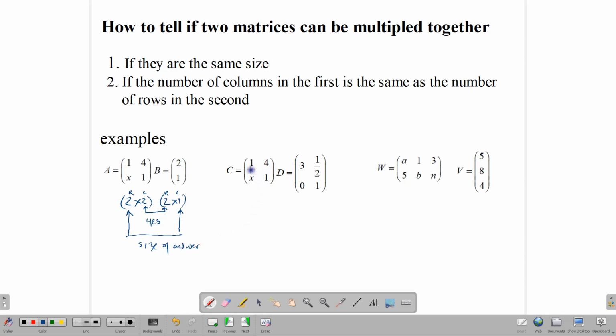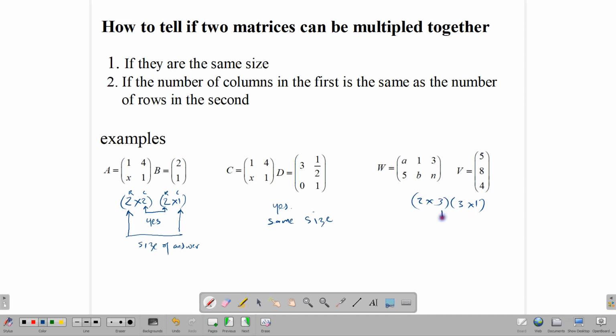Here we have a 2 by 2 matrix, 2 rows, 2 columns. Here we also have a 2 by 2 matrix, 2 rows and 2 columns. So yes, these two can be multiplied together because they are the same size. Here, this matrix has 2 rows and 3 columns. This matrix has 3 rows and 1 column.